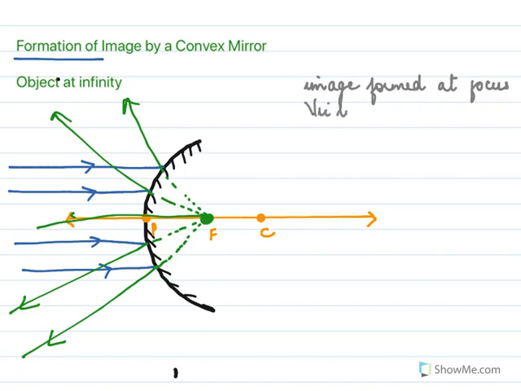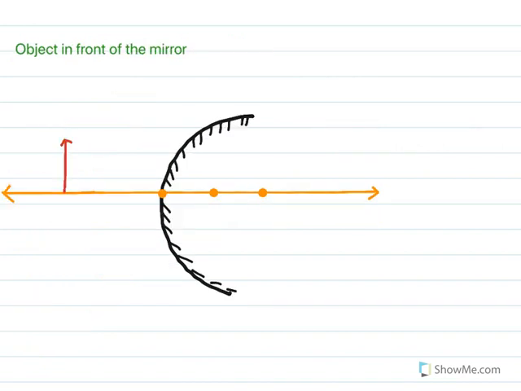It is virtual, virtual images are erect, highly diminished. So this is an example like the image of the sun, the image of a faraway object will be formed at the focus.